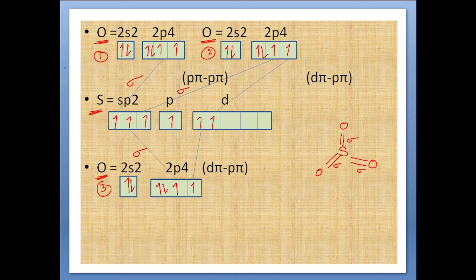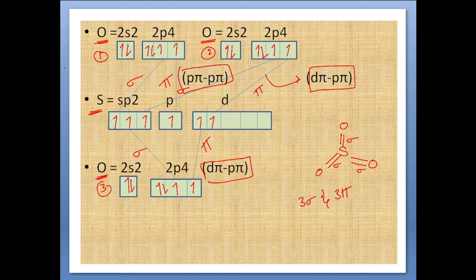One is p pi type, and the other 2 pi bonds are d pi type bonds. So sulfur contains 3 sigma bonds and 3 pi bonds.